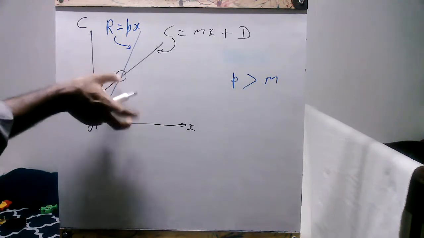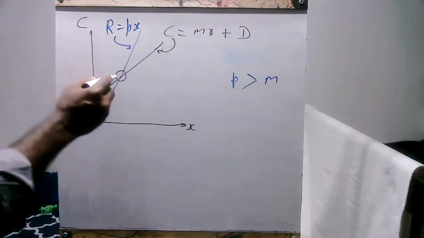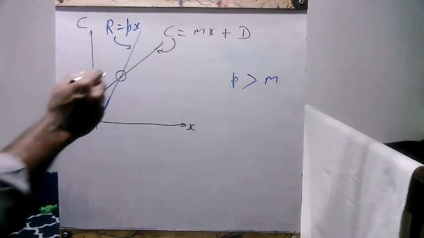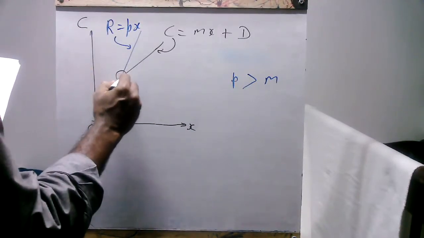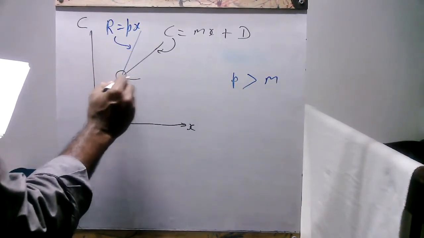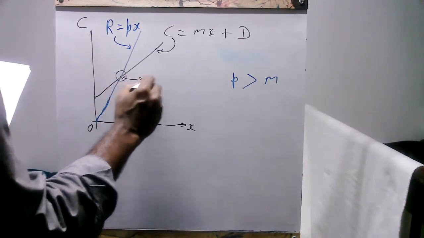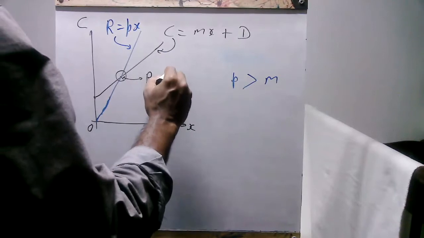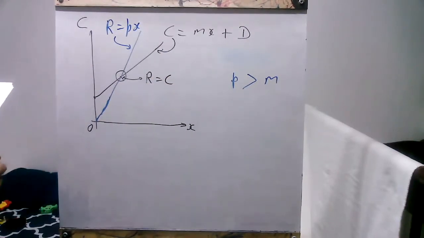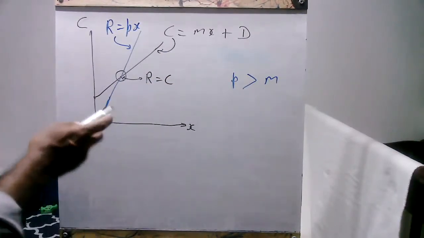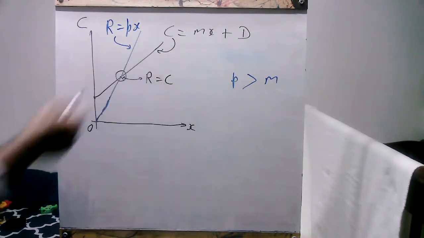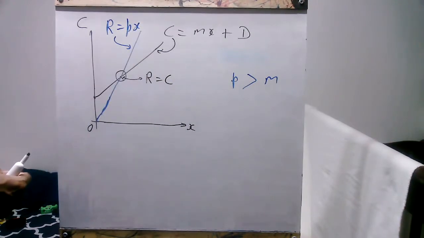Those heights are equal here. That means at this point R equals C. That is a special point. At this point R equal to C. That means your whole income is going to the cost and you make nothing.